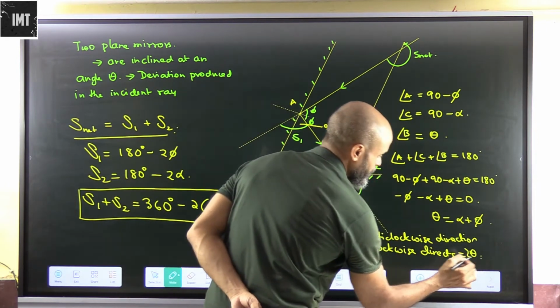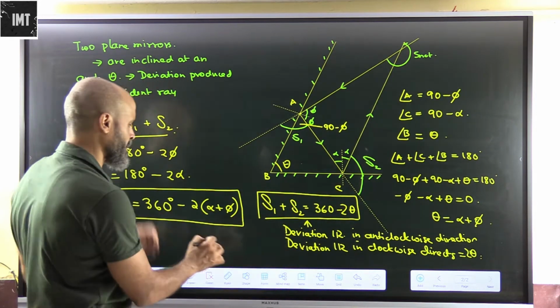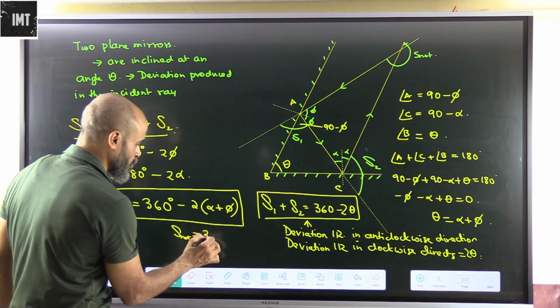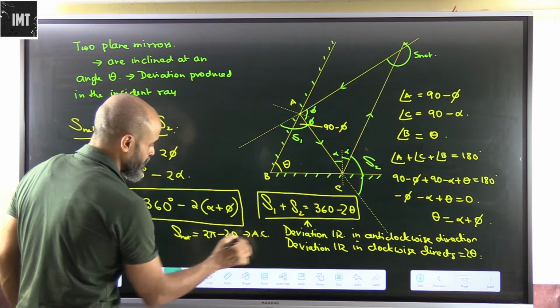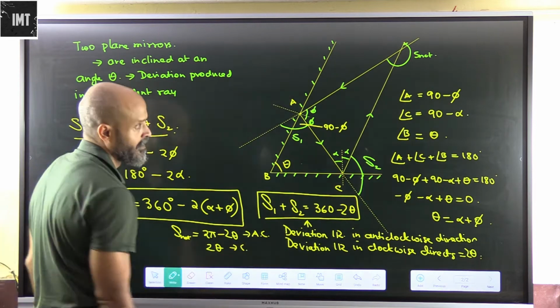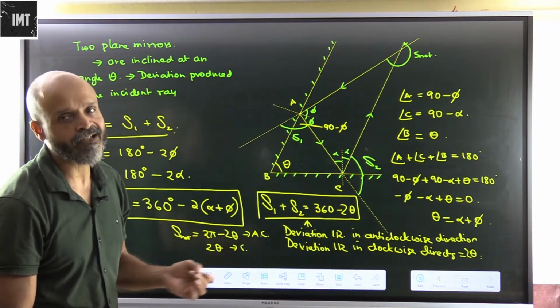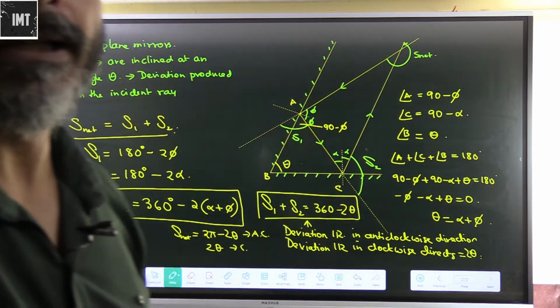So deviation in anti-clockwise direction will be 360 minus 2 theta, or we can also write delta net is equal to 2 pi minus 2 theta in anti-clockwise direction, and 2 theta in clockwise direction. This is how the deviation of incident ray happens.